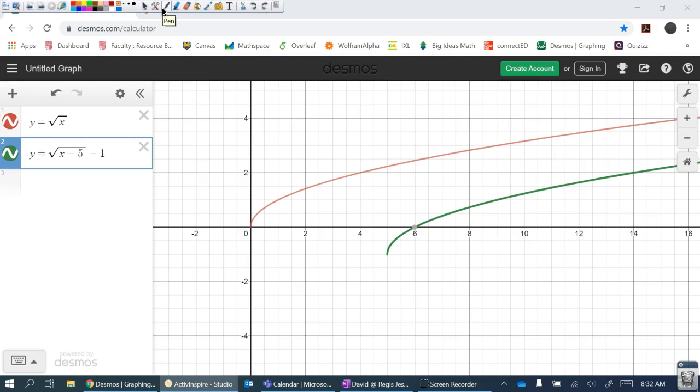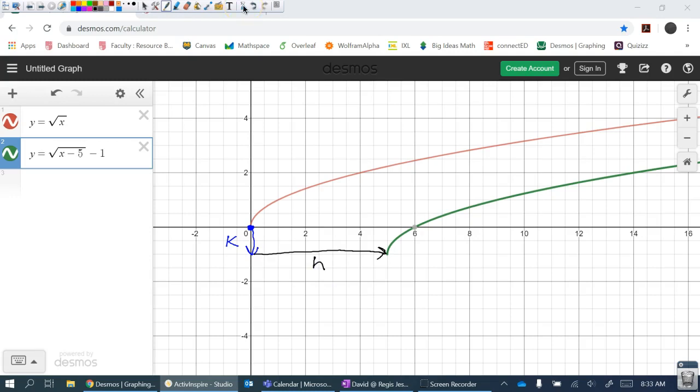So what we've seen here is no vertical stretch at all, but we have in fact translated this curve so that the endpoint is no longer at the origin. It's moved down by 1 unit. That's our k value. But it's also moved to the right by 5 units, which is our h value. So all we've done here is a translation on the original curve.